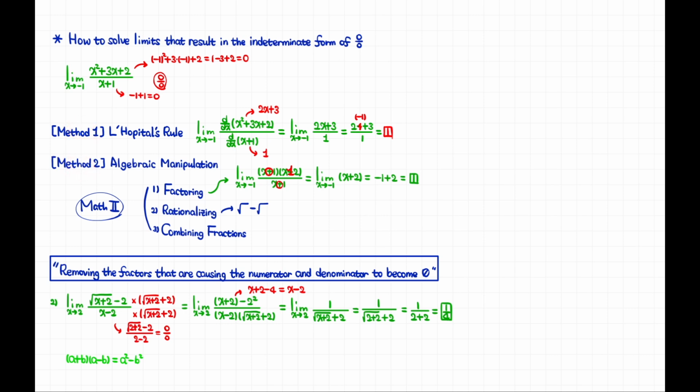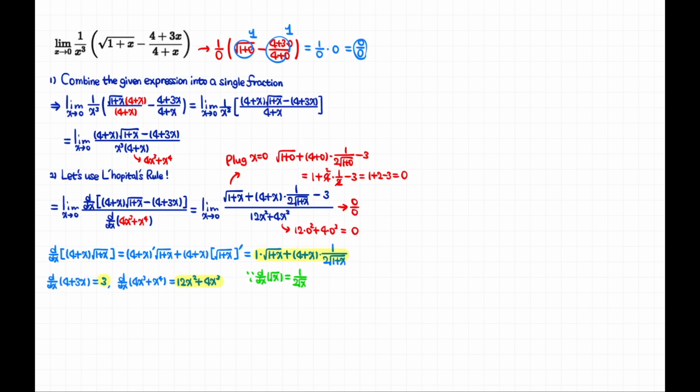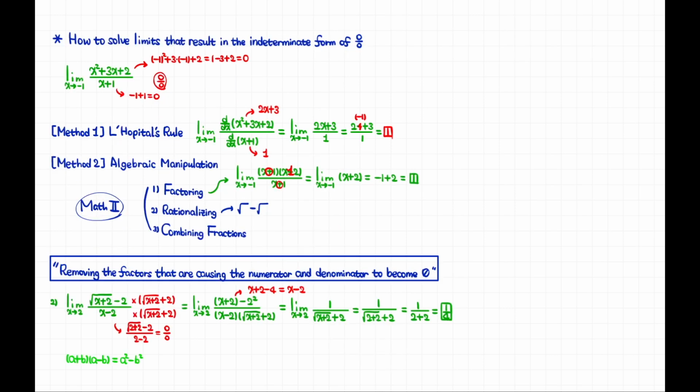So no matter which method you are using, if the expression isn't already a single fraction like this, you basically have to combine it first. So that's probably how I should have written it from the beginning, but I just didn't. Explaining it like this really helps me organize my thoughts too, I guess. But anyway, I'm not going to write all of that out in detail because it'll make things way too long and take much more time. So keep that in mind, okay?